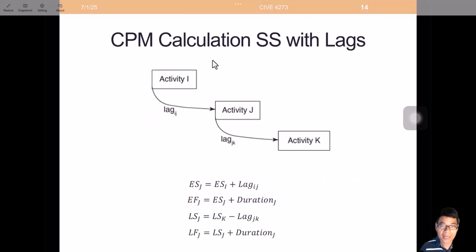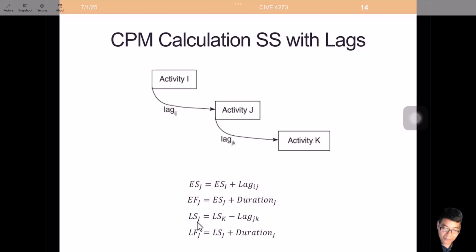And for the CPM calculation with start to start logic relationships with lags, we're going to focus on J again. Early start of activity J is the early start of activity I plus the lag IJ. This is the start side. Early finish is pretty simple: the early start of activity J plus the duration.